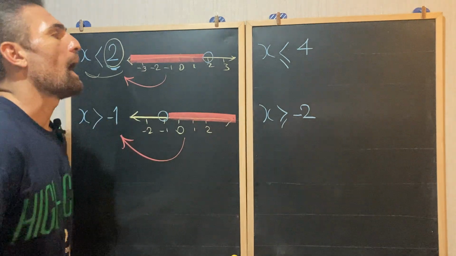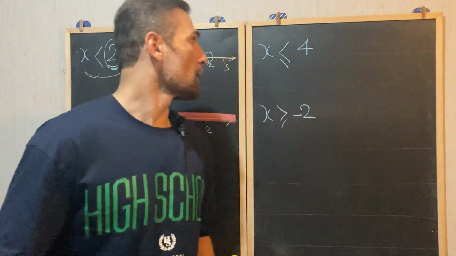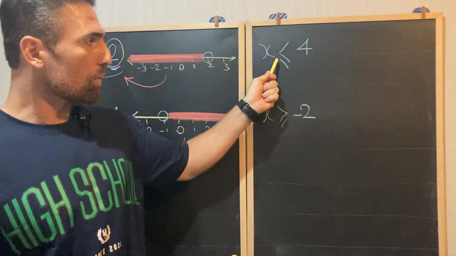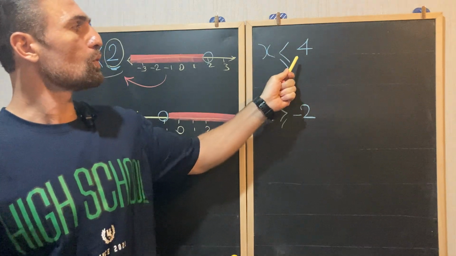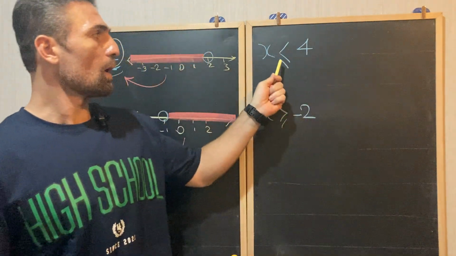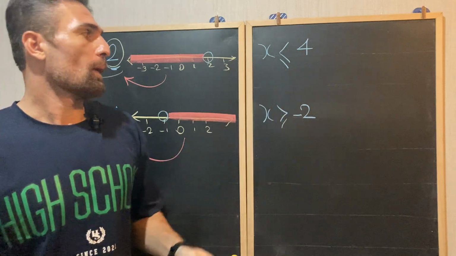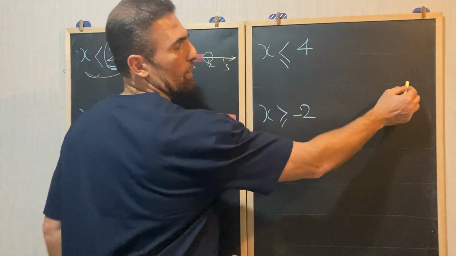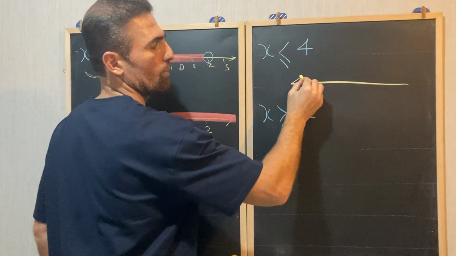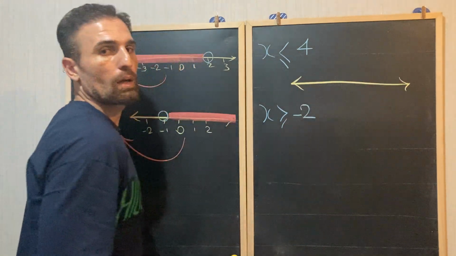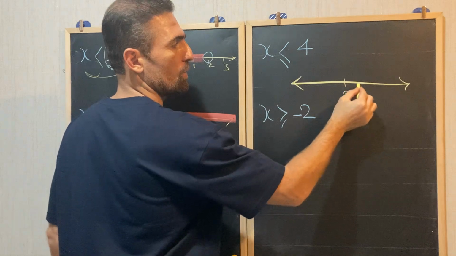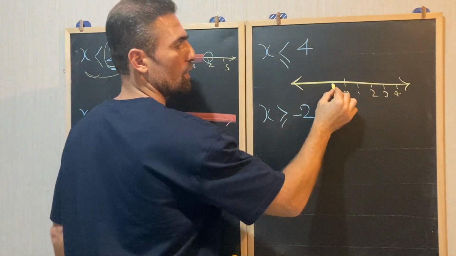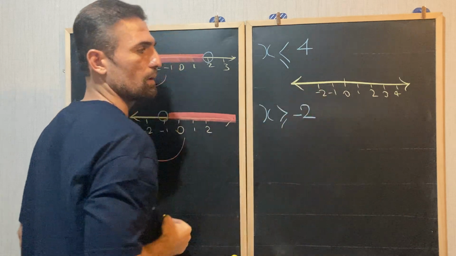inequality. And next example, it says x is less than or equal to 4. Be careful of this equal. Again, at first we need to graph a number line and show the numbers on this number line: 0, 1, 2, 3, 4, -1, -2.